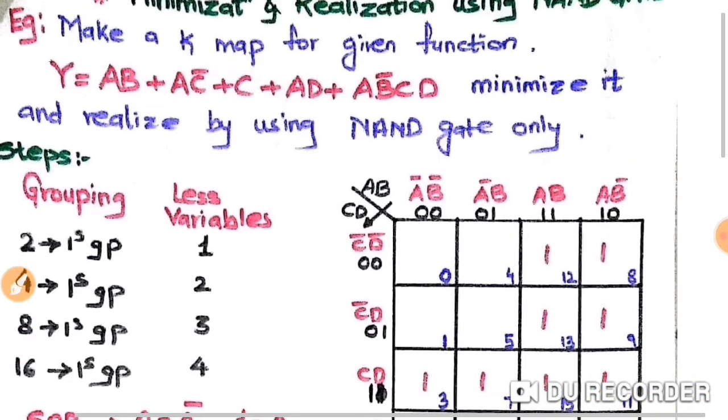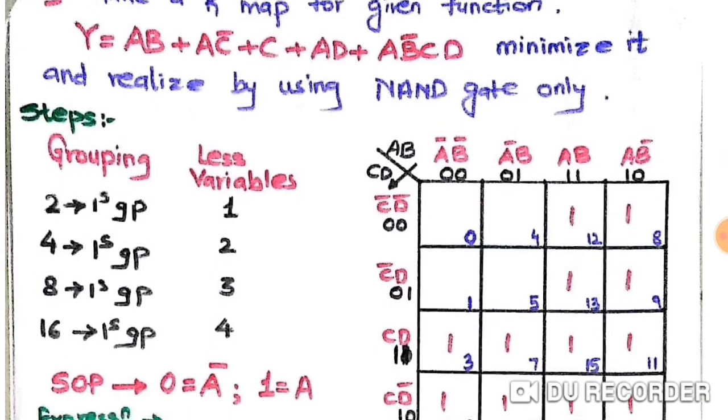Next term we can see what it is, AC'. Now A is from the MSB side and C' from the LSB side. So first we need to find out where A is common in the MSB side. A is common in this column and this column. That means we will have ones in these two columns.